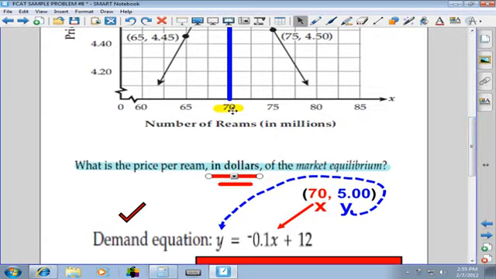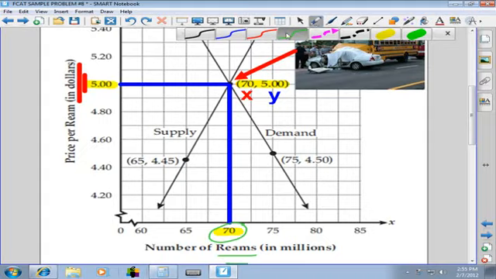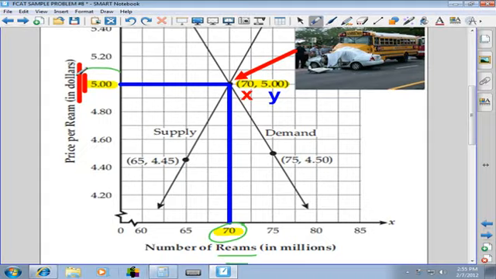If you pick 70, epic fail. Why? 70 is reams. We want our answer in dollars. Therefore, the correct answer, perfect answer, precise answer would be $5 because the y-axis is dollars.